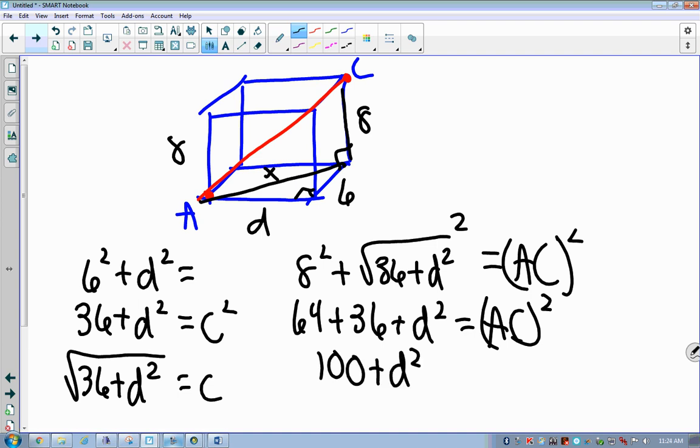So 100 plus d squared equals AC squared, but if I want just AC, I have to square root that. If you wrote 10 plus d, you're wrong. It is the square root of 100 plus d squared. That is it. That's my answer.